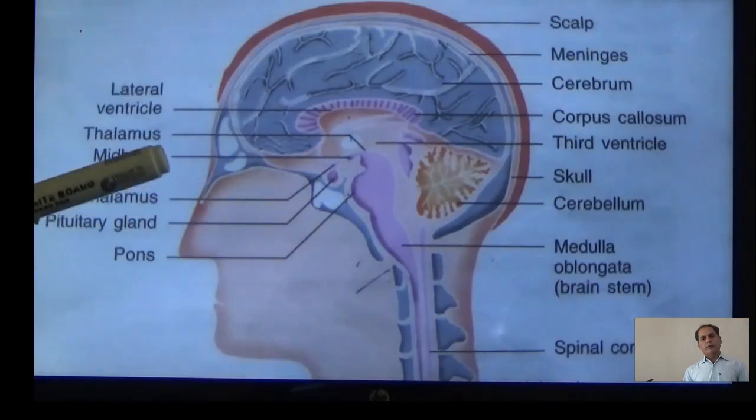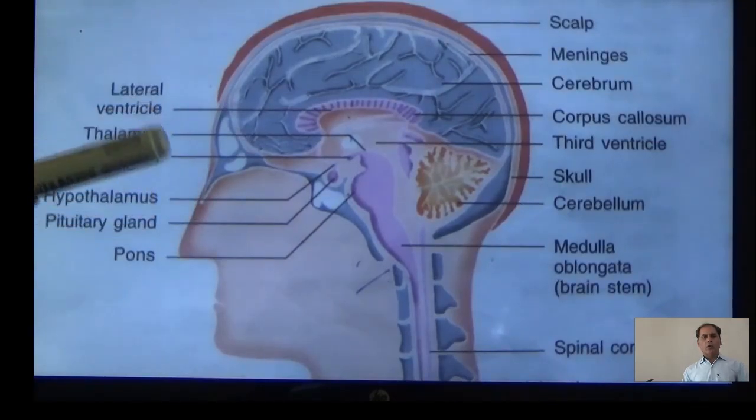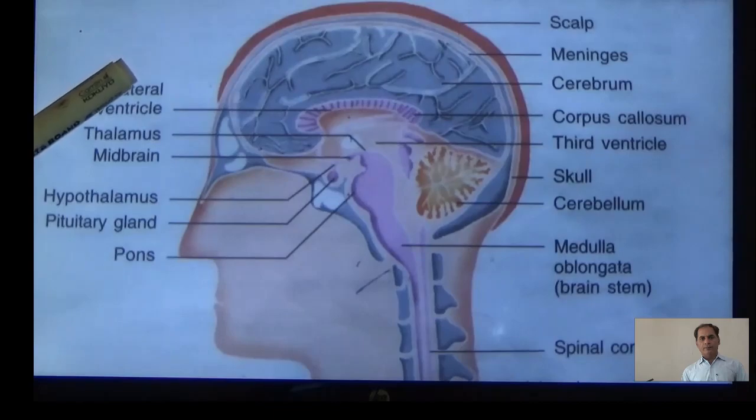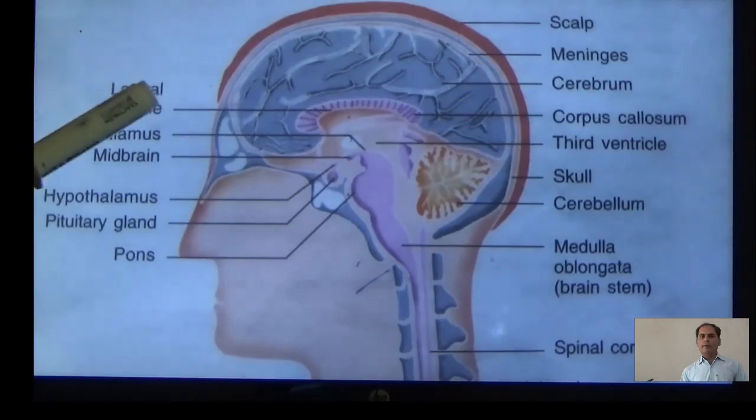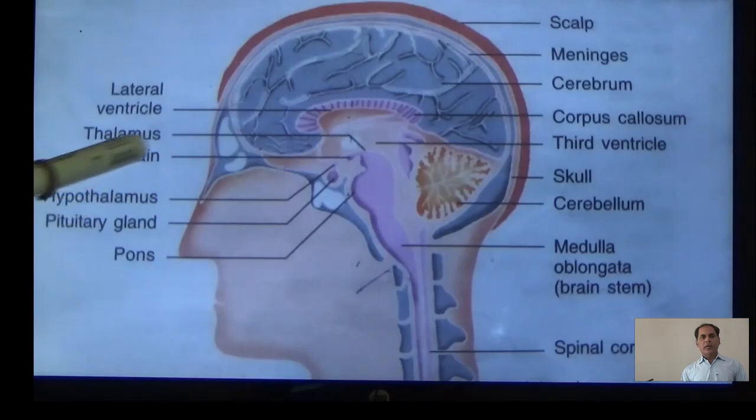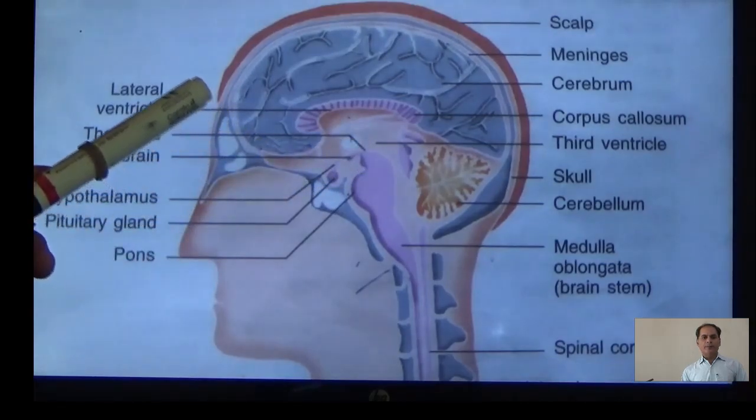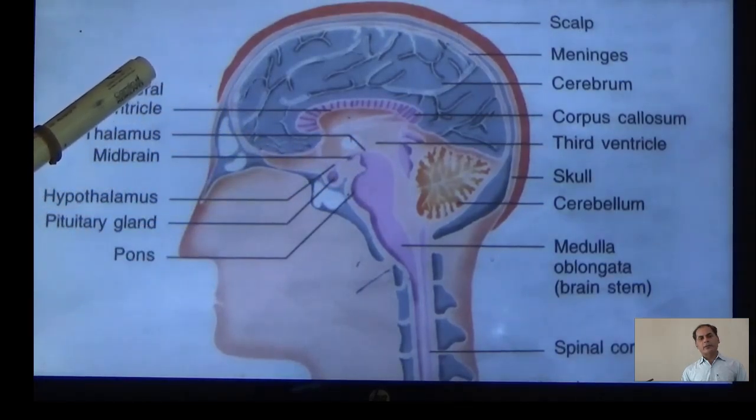It controls the behavioral pattern of sleep. Mostly the functions involved may be involuntary.